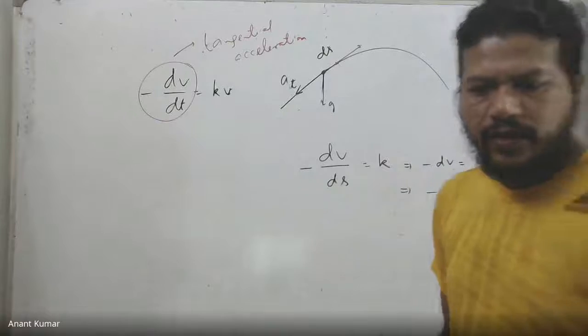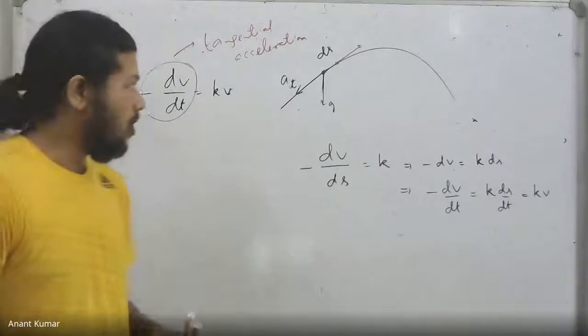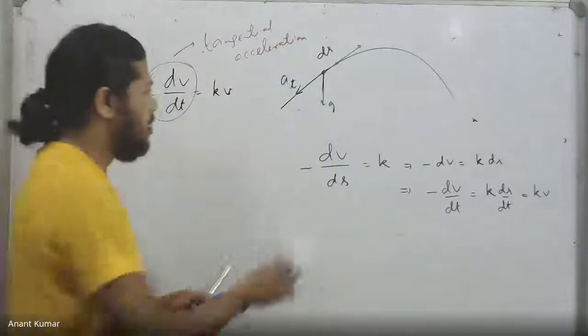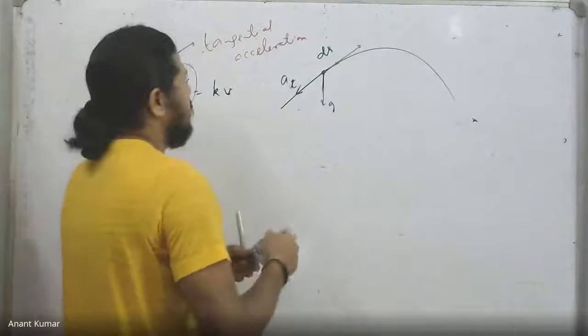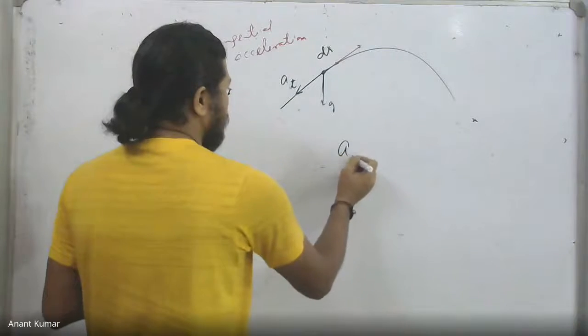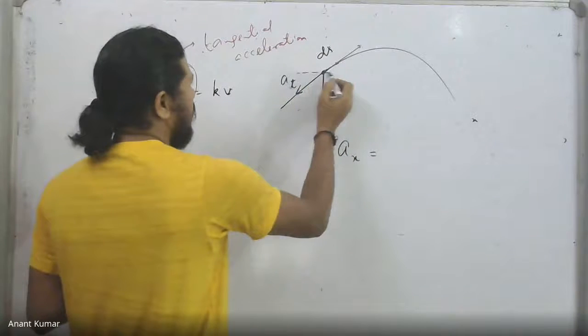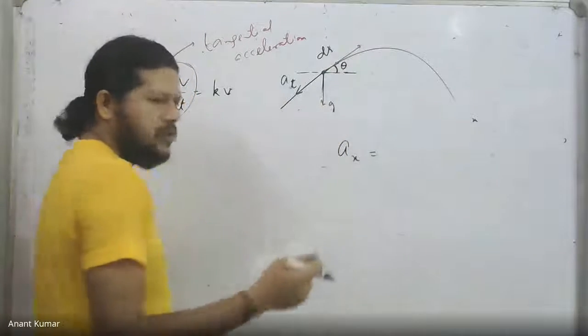So if I consider the x component of motion only, the horizontal component along the x-axis, then the acceleration along the x-axis is simply a component of the tangential acceleration in the backward direction. At this moment, I consider this angle to be theta.